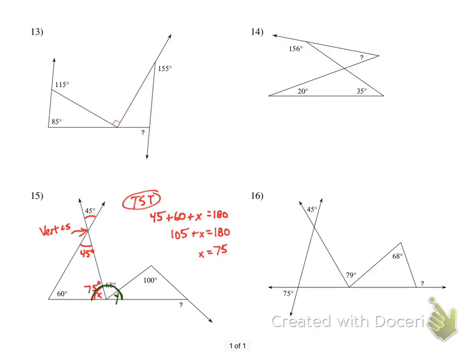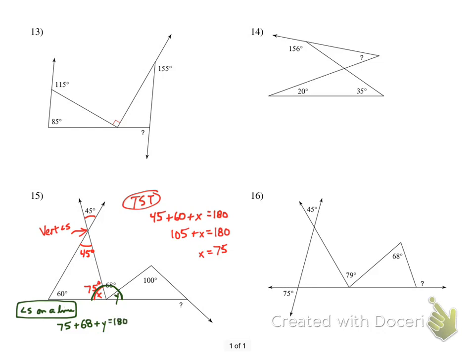Luckily, we know 2 of them, so we can solve for the third, which is unknown. So I'll go ahead and do that down here. Angles on a line. Now this is going to be the same looking equation as our triangle sum theorem, but we're doing different things. I've got 75 plus 68 plus Y equals 180.